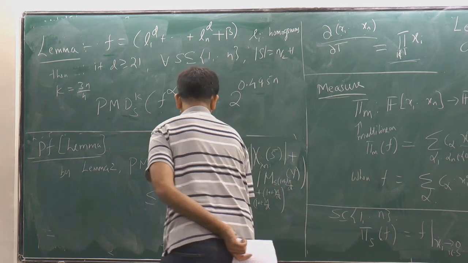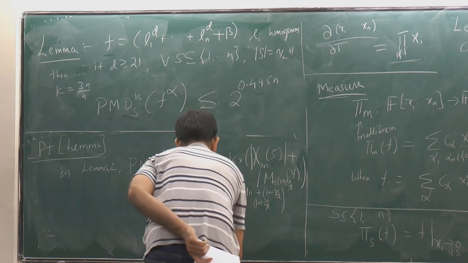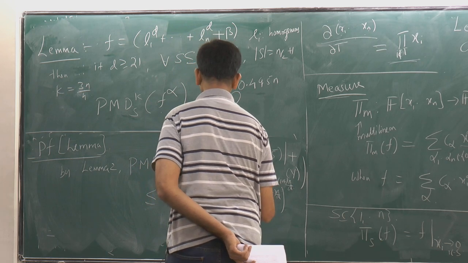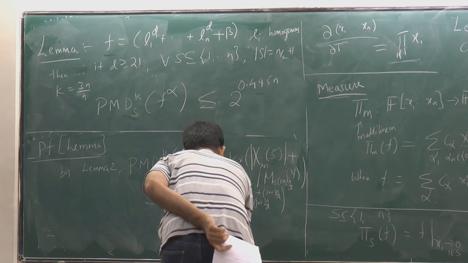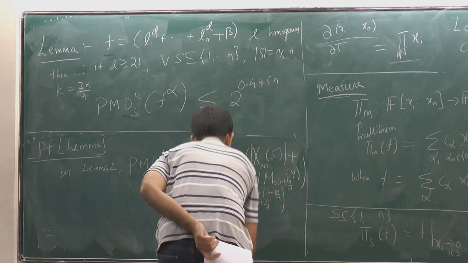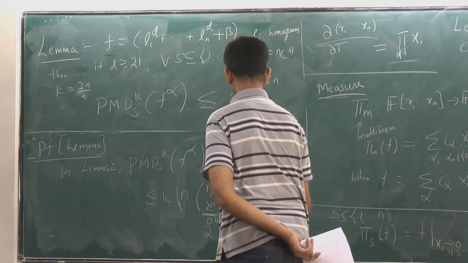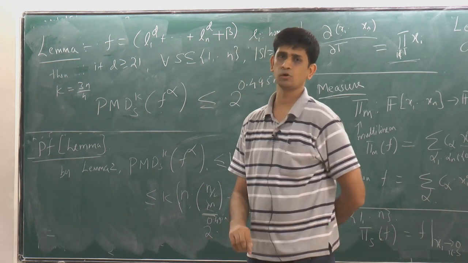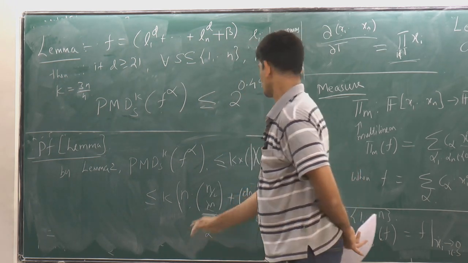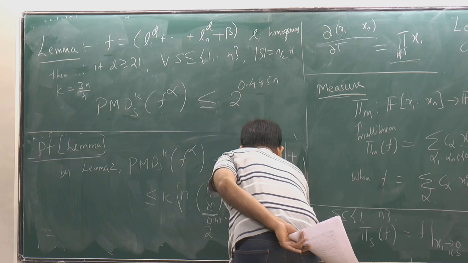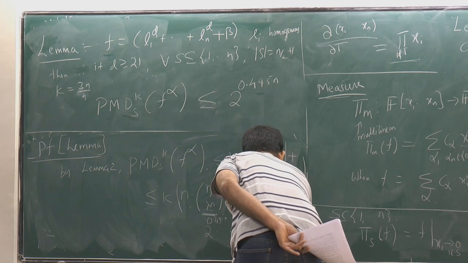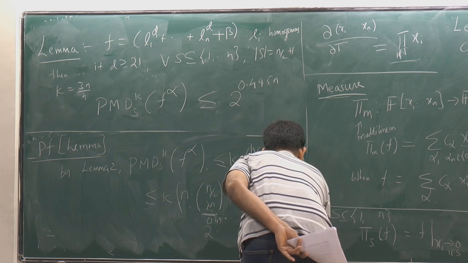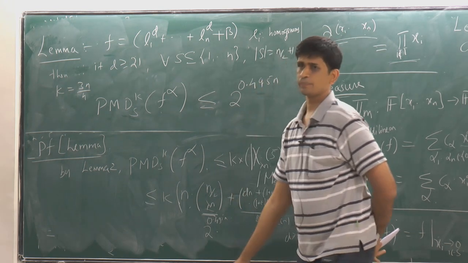So this will be roughly, depending on what we choose as epsilon, say if you choose epsilon as 0.1, something like 0.495 n in the exponent. Now this is where d greater than or equal to 21 comes into the picture. So this value is 2 to the n by 2 minus omega n if d is at least 21.